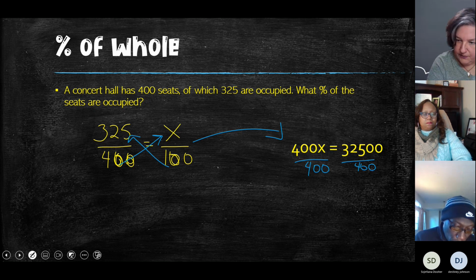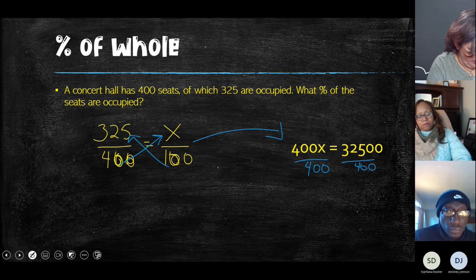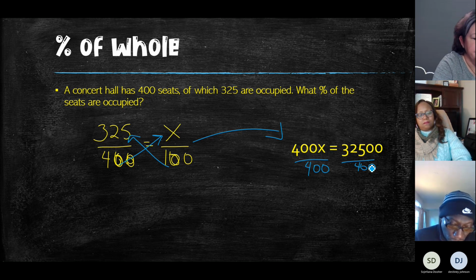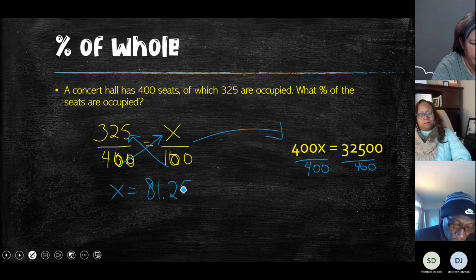So 32,500 divided by 400 equals, x equals 81.25, and I would round that down to x equals 81%.